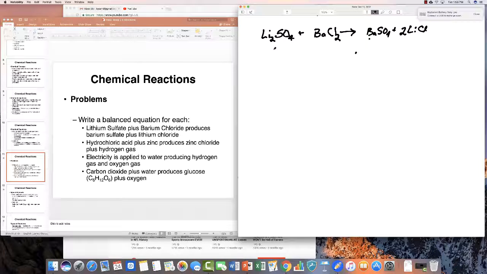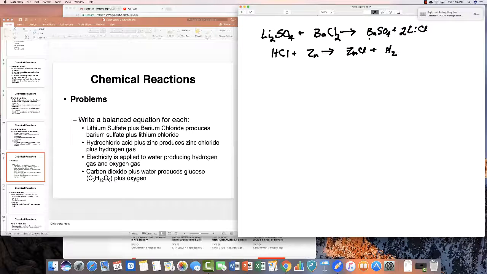Okay, hydrochloric acid is HCl plus zinc is just Zn, forms zinc chloride plus hydrogen gas, and hydrogen is one of those diatomic molecules.